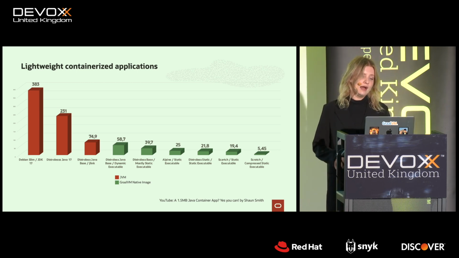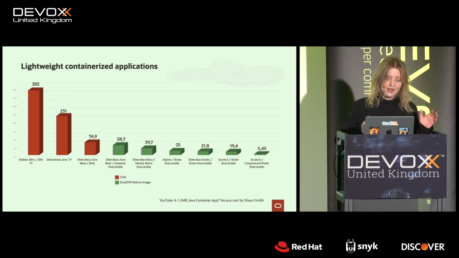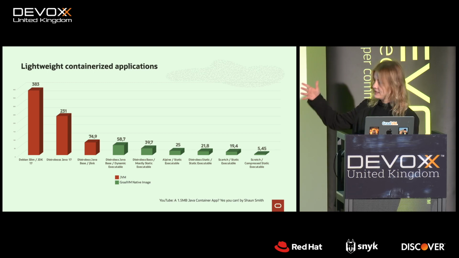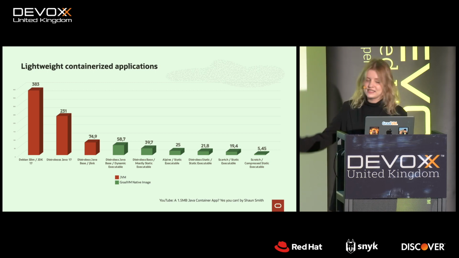So here we are looking at container size of the same application, just packaged differently. And this is all on GraalVM, so on JVM versus native image. And the red bars here, that is running on the JVM, and the green one, that is native image.